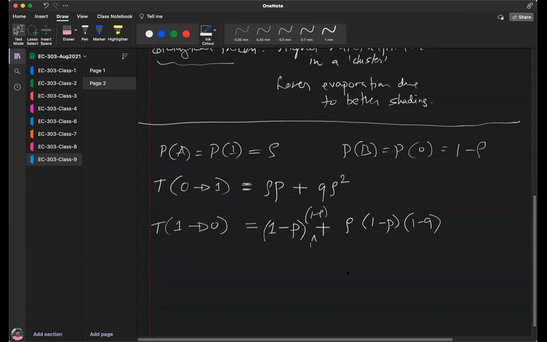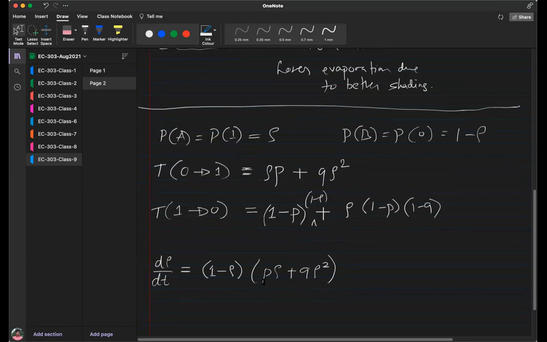Okay, great. So now we can write down the equation for how the density changes with this one. The first term will be 1 minus rho. All the birth will happen if the focal site is empty, right? And then you multiply it by this term, rho p plus, let me write this in a consistent way, p rho q rho square. This is the birth, the transition rate from empty to occupied by two different ways.